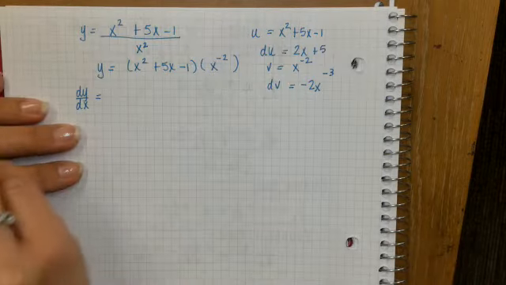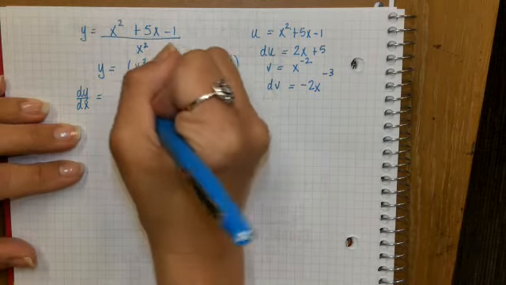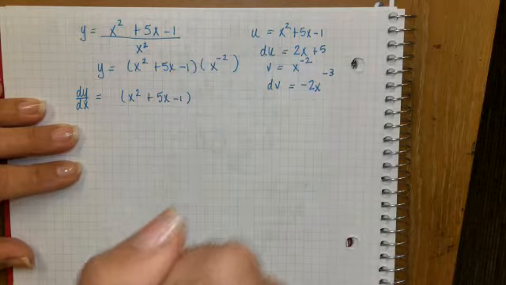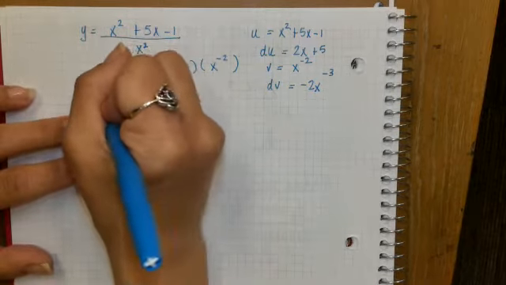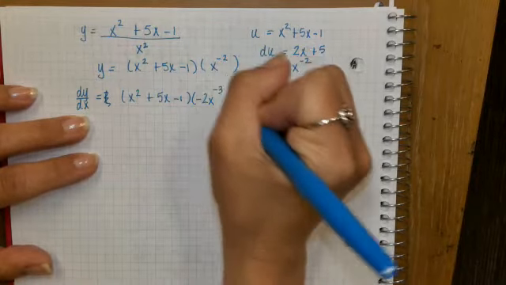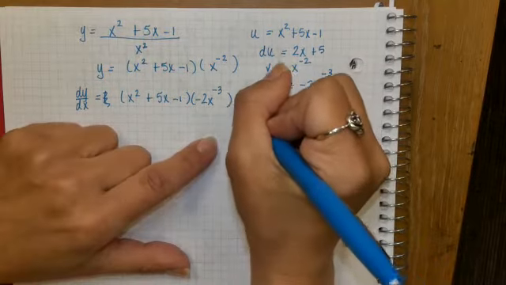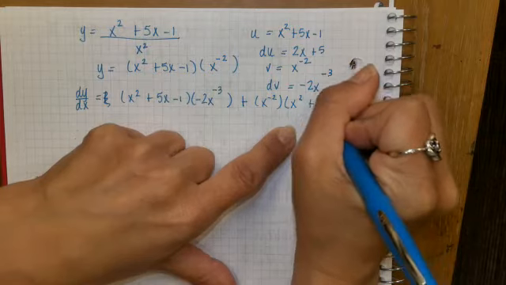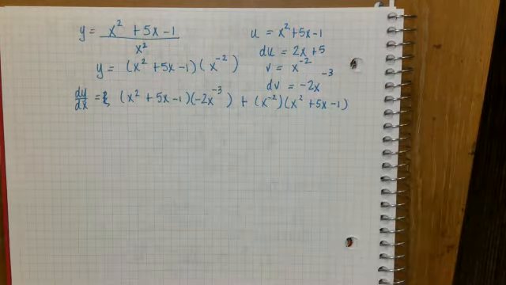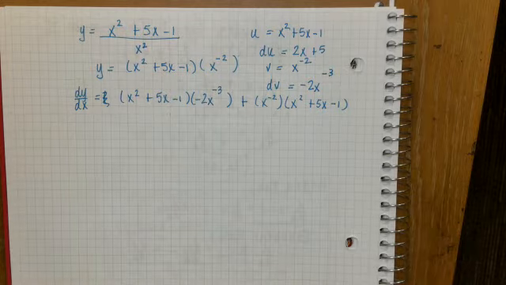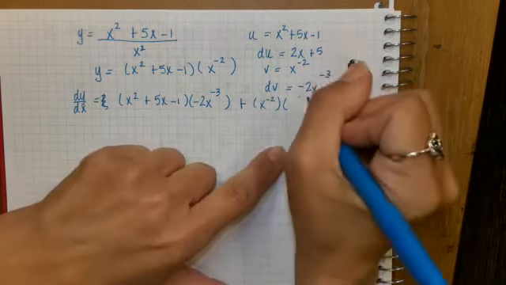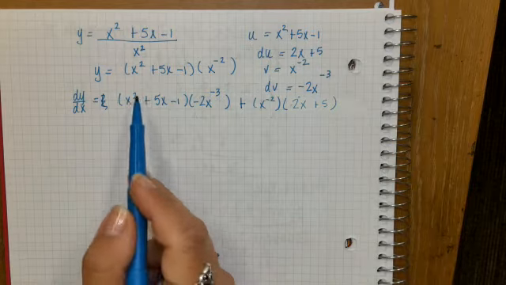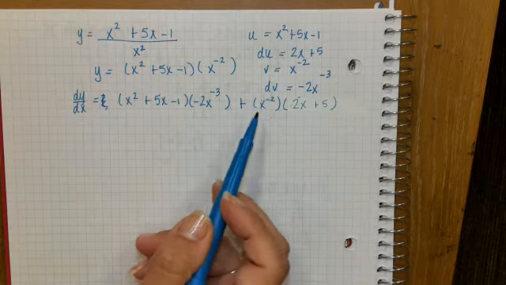It's going to be u, which is x squared plus 5x minus 1, times the derivative of v, which is negative 2x to the negative 3, plus v, which is x to the negative 2, times du, which is 2x plus 5. U times the derivative of v plus v times the derivative of u.